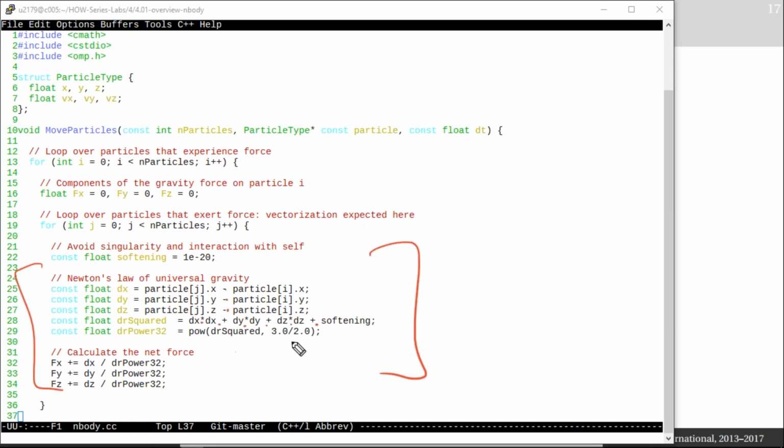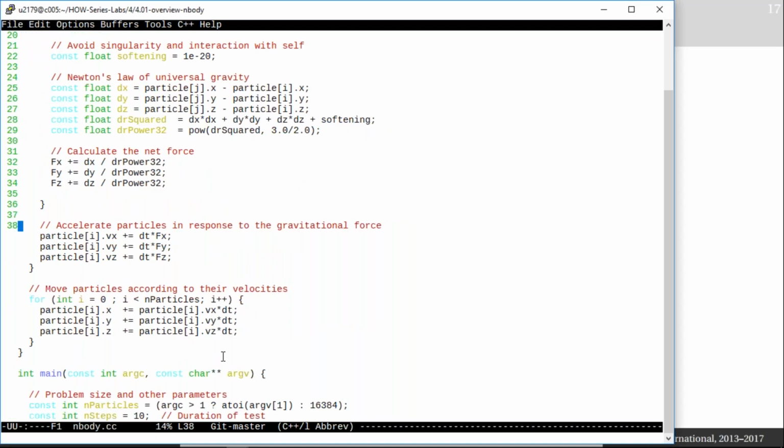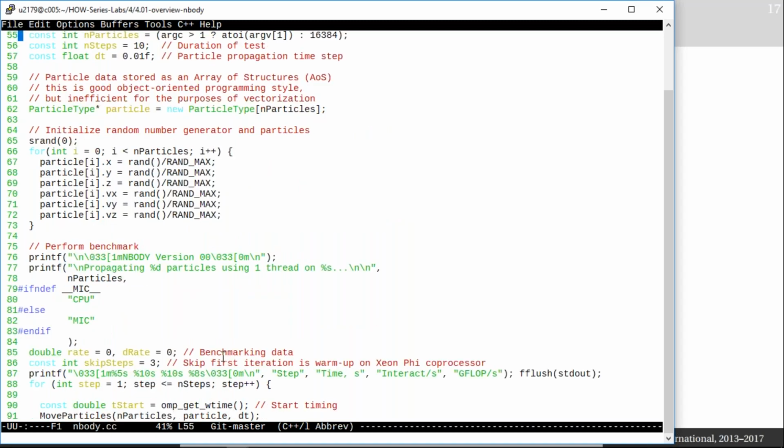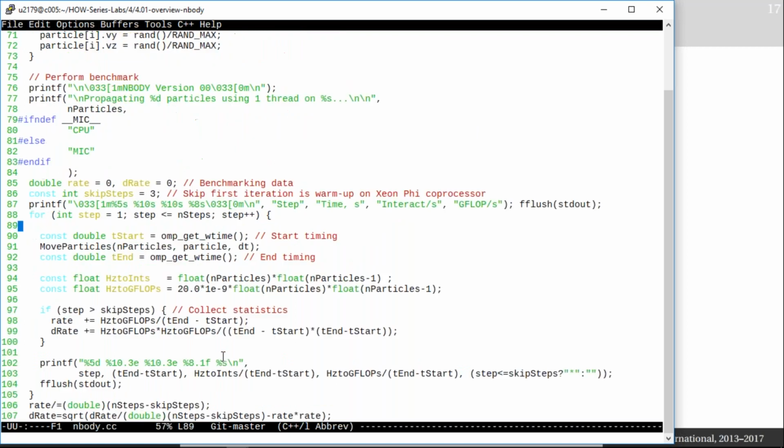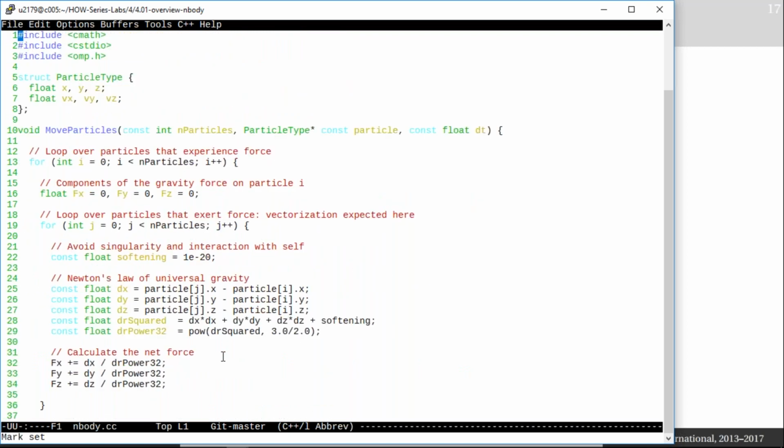I don't know, is this 1, 2 operations? 10, 11, 12, 13, 14, 15, well, something like 20, close enough. So I will stick with 20, just like all other authors, so you can compare our results to what other people are getting in the literature. And basically that's our simulation. Full disclaimer, this is not an optimal code, and this is the whole idea. We are going to see what it takes to optimize it.